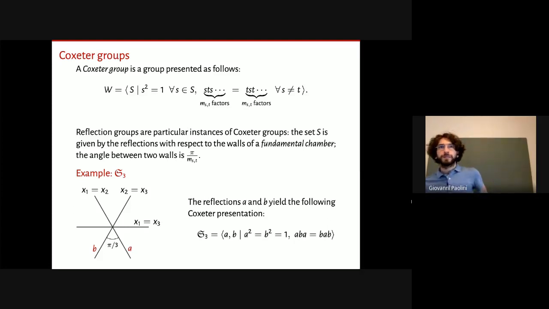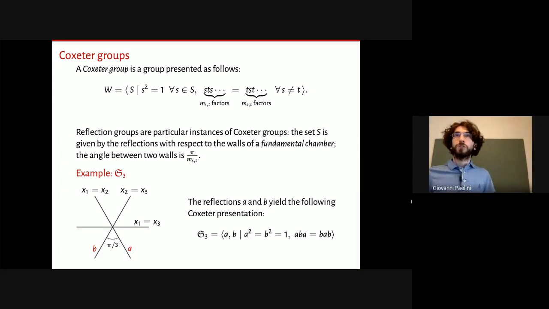And I said that reflection groups are a particular instance of Coxeter groups. In fact, given a reflection group, you can always realize it as a Coxeter group. You can always find a presentation such as the one that we see on the top of the slide. To do that, we follow a procedure which I already sketched in the very first slide.